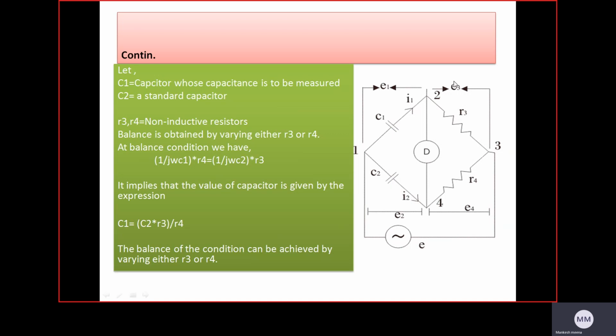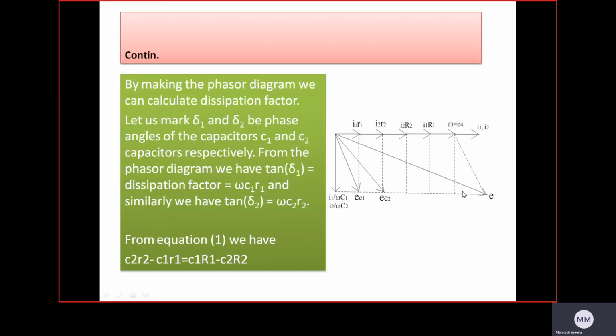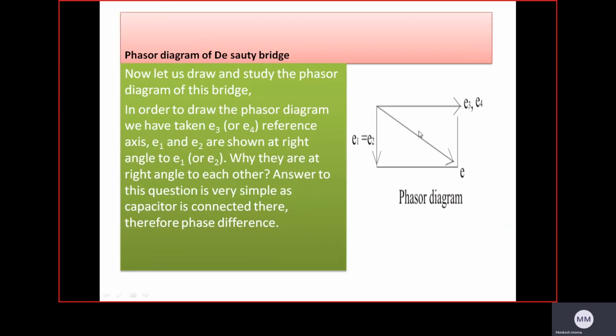The voltage drops on C1 and C2 lag the voltage drops across resistances R3 and R4. So we take E3 and E4 as reference, and take E1 and E2 at a 90 degree angle. The answer is very simple: as the capacitor is connected, the phase difference is 90 degrees.